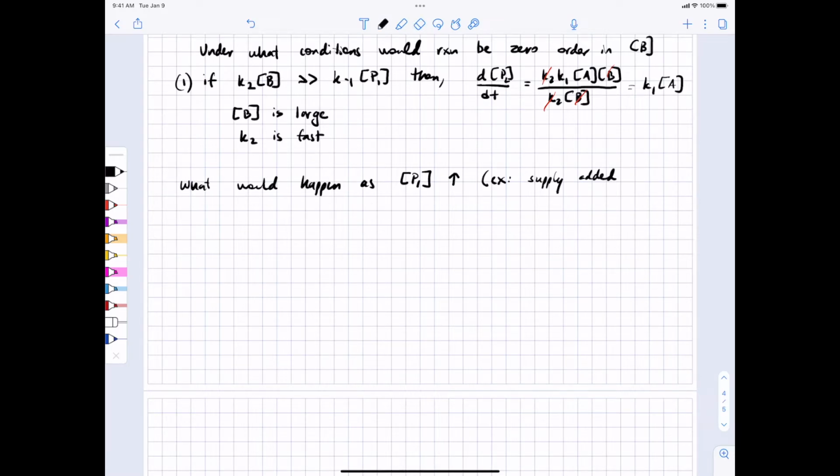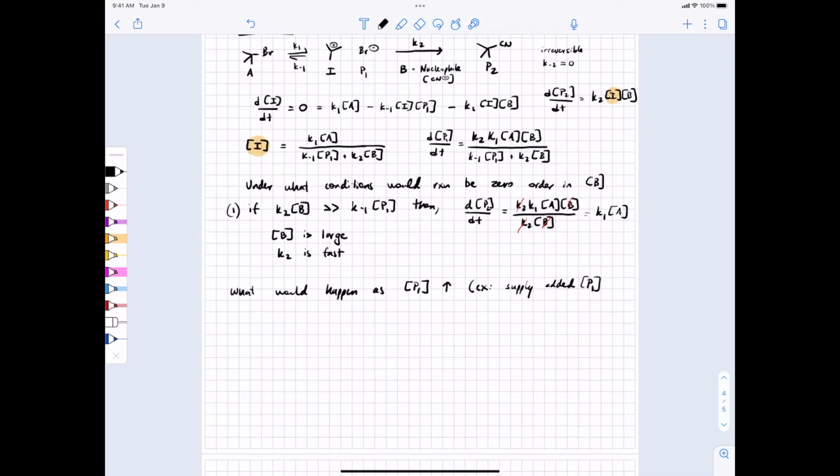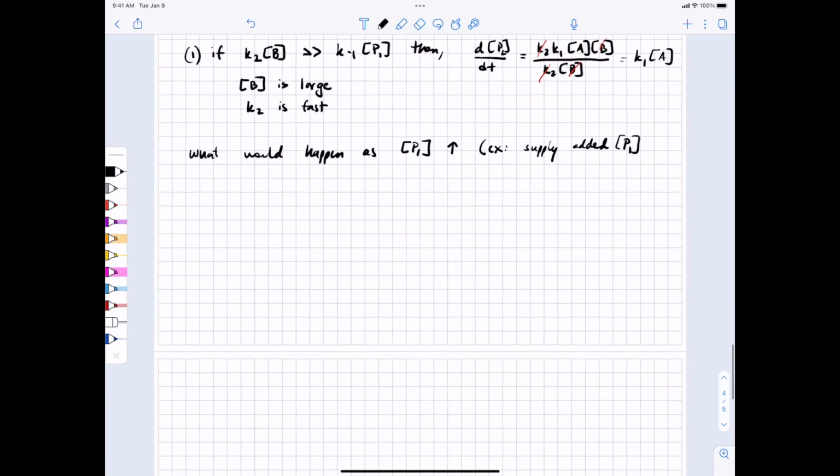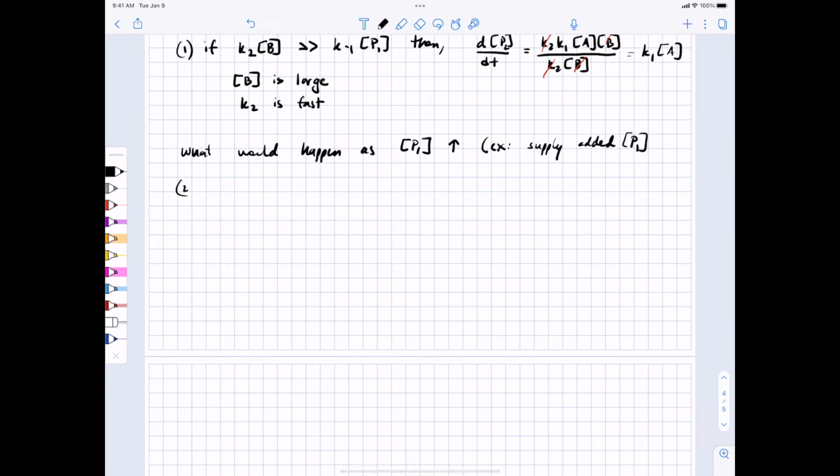For example, what if I did this reaction and I added some Br minus into the reaction mixture? Well, under those conditions, if k minus 1 times P1 is greater than k2 times B, and again, this could be because P1 is larger or k minus 1 is fast, then I could rewrite the rate law.